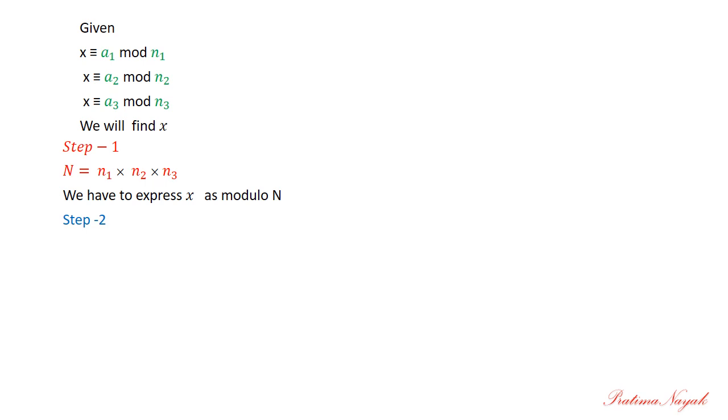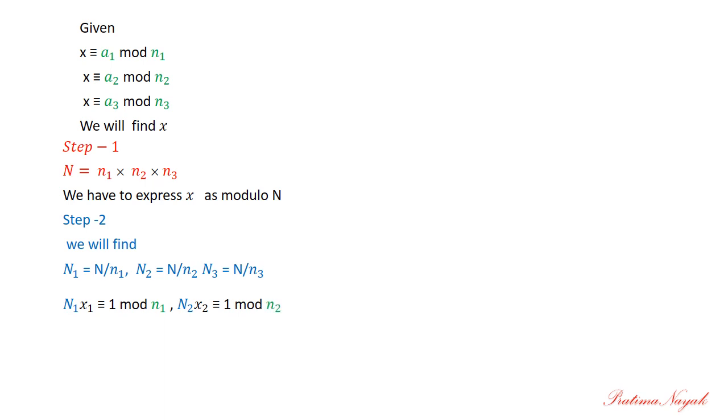Next, we will find each capital N. Capital N1 is equal to n upon small n1, capital N2 is equal to n upon small n2, and capital N3 is equal to n upon small n3. Next, we will find x1, x2, x3 from the expressions capital N1 times x1 is congruent to 1 modulo n1, N2 x2 is congruent to 1 modulo n2, and N3 x3 is congruent to 1 modulo n3.